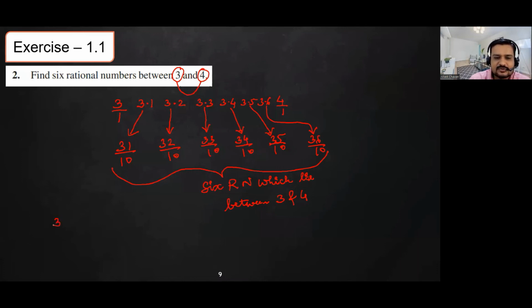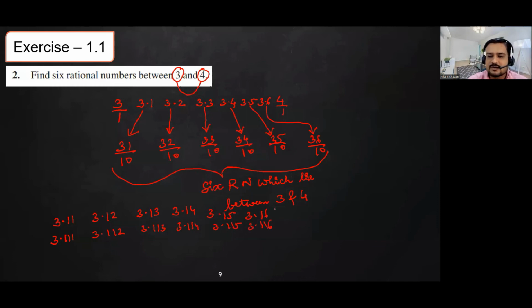Can I write it like this also? 3.11. This also lies between 3 and 4. 3.12, 3.13, 3.14, 3.15, 3.16. This also lies between 3 and 4. I can write it like this also: 3.111, 3.112, 3.113, 3.114, 3.115, 3.116.